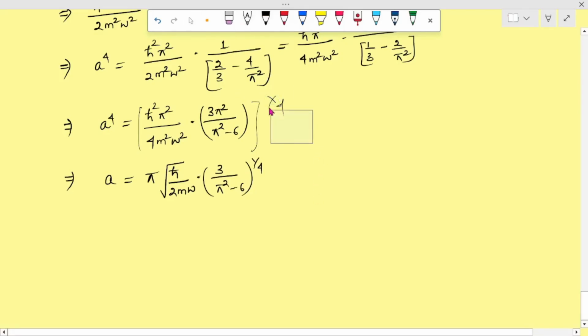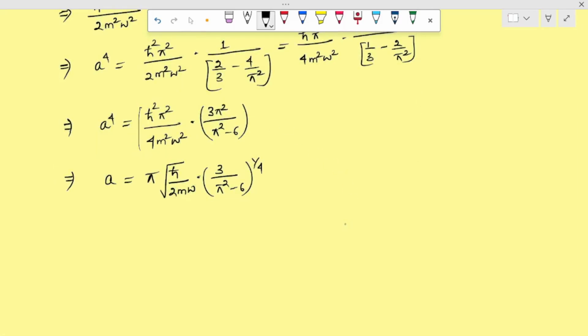What we have to substitute in our expectation value of the Hamiltonian. Here we found the a parameter.